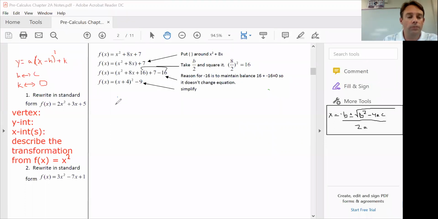There we go. All right, f of x equals 3x squared minus 7x plus 1. All right, our a value, we need to factor it out, not so it'll go away, but because we need to figure out what that perfect squared trinomial is.